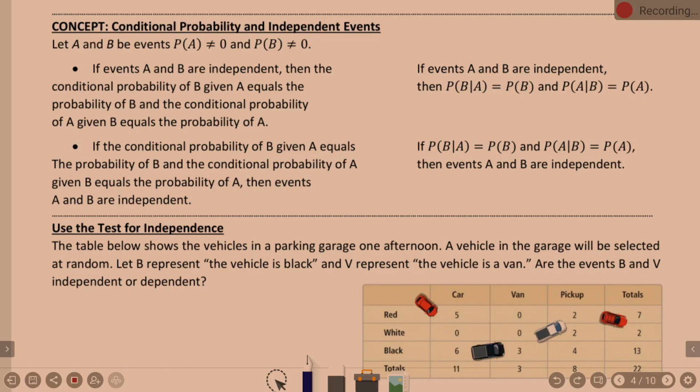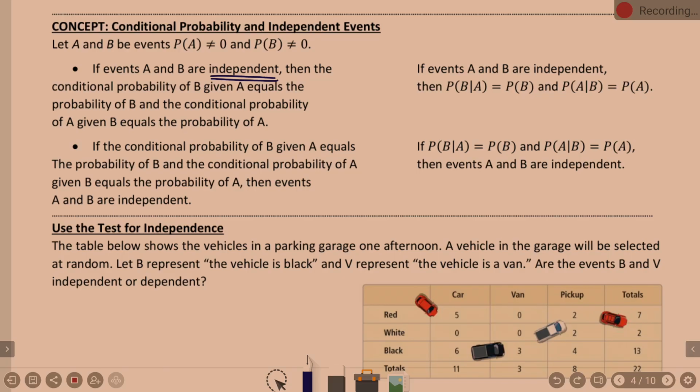Now, the connection here. Given A and B are events, and given that neither of their probabilities are 0, if events A and B are independent, then the conditional probability of B given A equals the probability of B, and the conditional probability of A given B equals the probability of A.